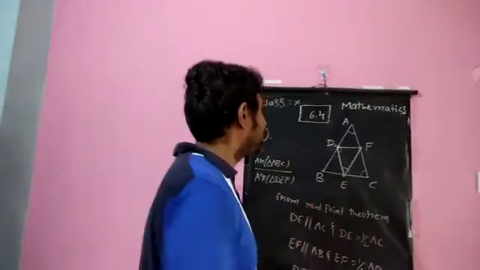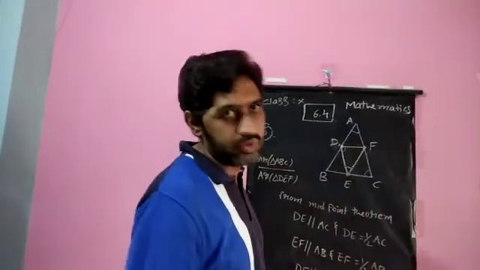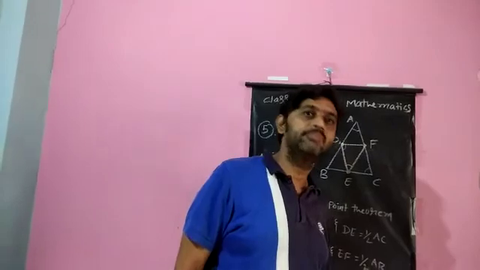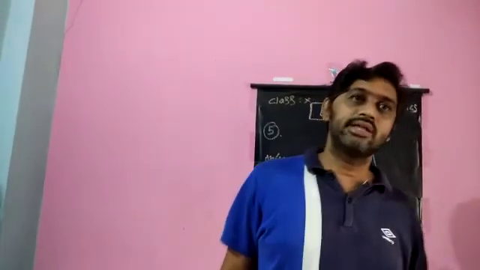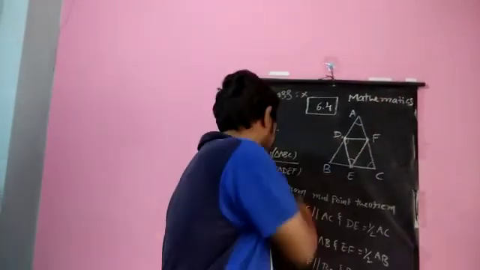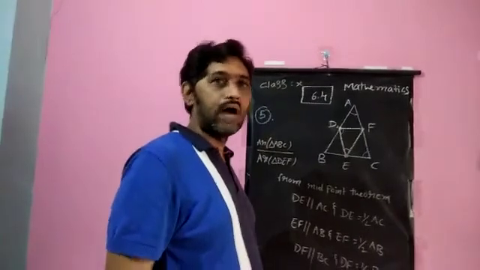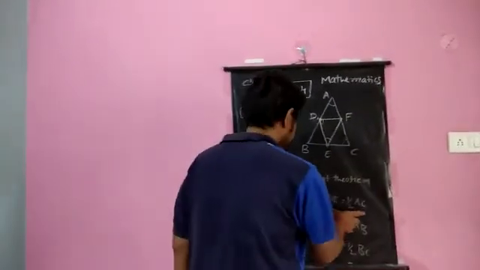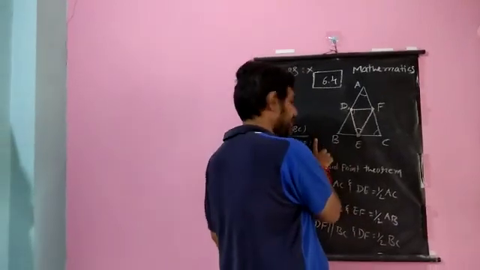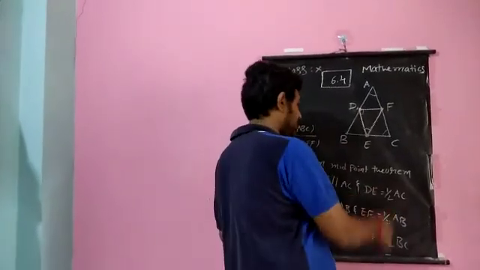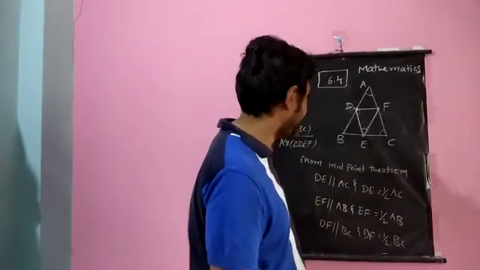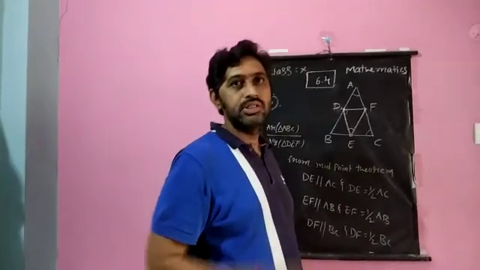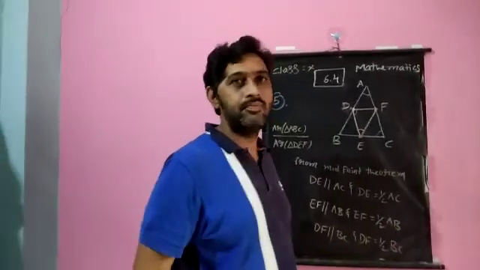So two angles of triangle DEF are equal to two angles of triangle ABC. By angle similarity, triangle ABC is similar to triangle DEF. After that, you apply the areas of similar triangles theorem. There you write half AC, half AB and half BC, and then you can find the ratio by applying the similarity theorem.